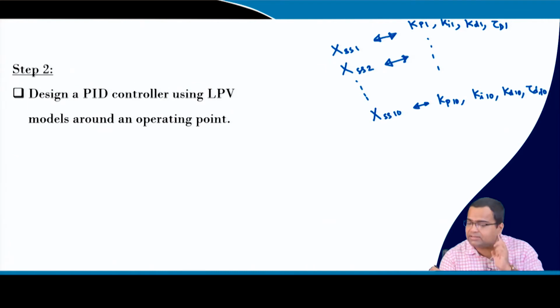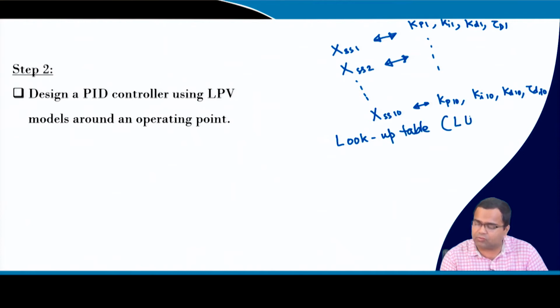So, once we obtain these parameters offline, we can simply plug them into a lookup table. So, here the lookup table has my x's, and here I can say Kp, Ki, Kd, tau d.